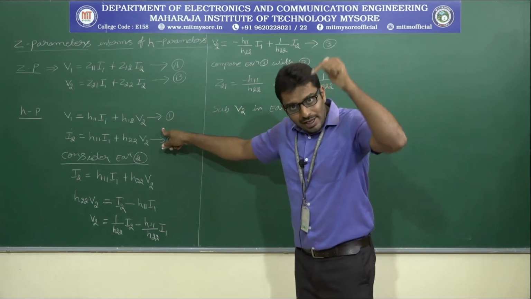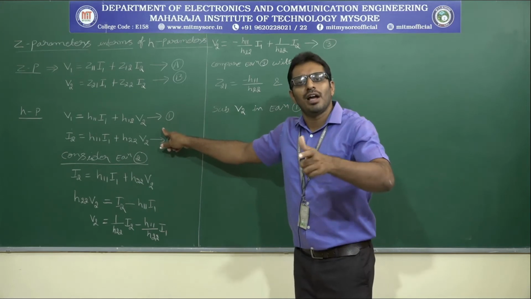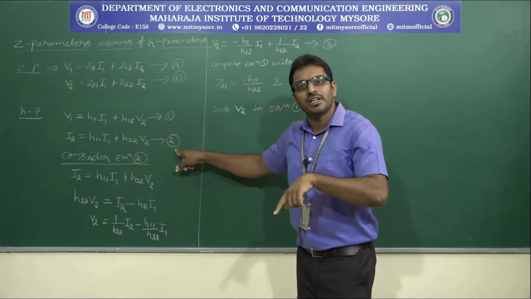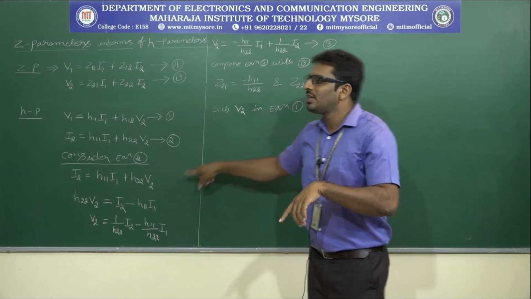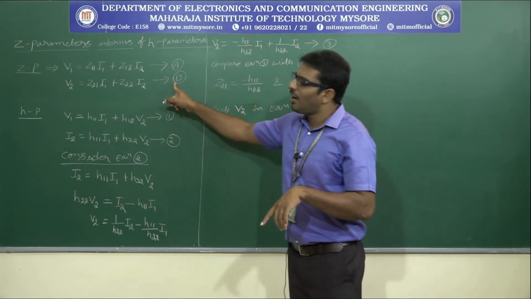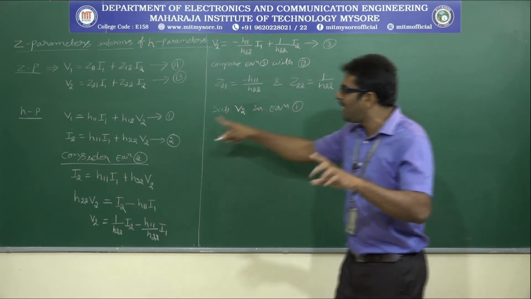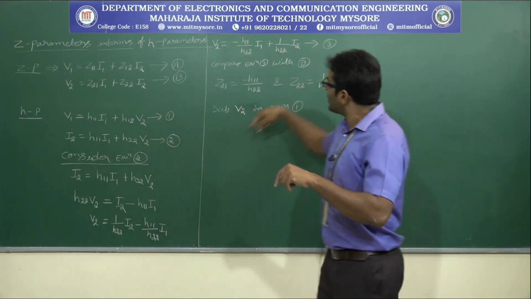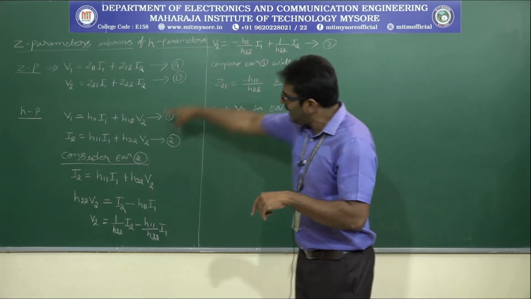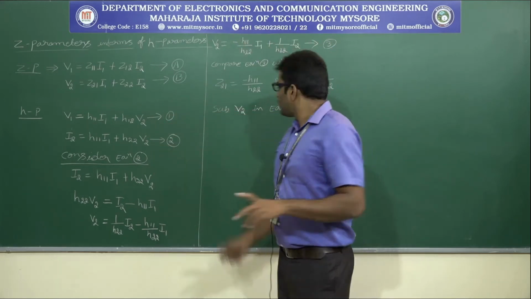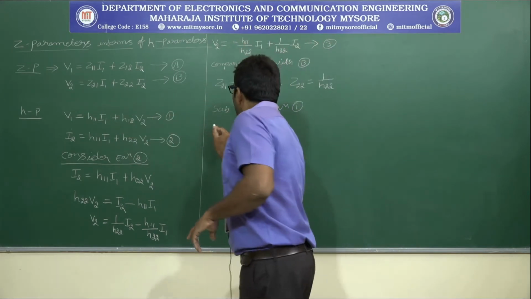Why are we substituting in equation 1 only? Because we already considered equation 2 and rearranged that equation and wrote it in the form of equation B and called it equation 3. Then which equation is remaining? Equation 1. That's why we are substituting this equation 3 in equation 1.